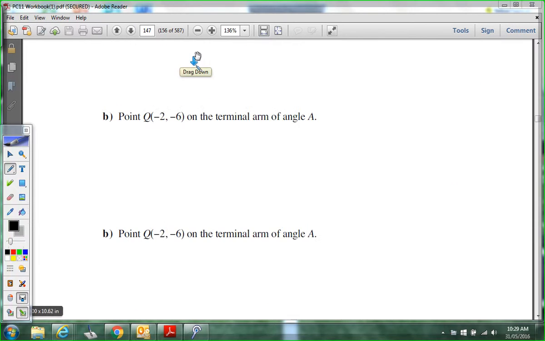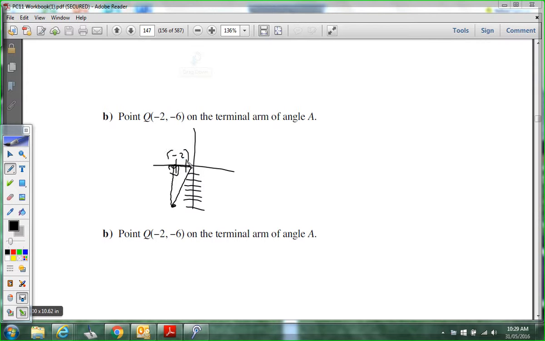So we have -2, -6. We're right there. That gives me this terminal arm here, and I can make a triangle like so. Whoops, I went a little bit too far there. Again, we use the Pythagorean theorem.